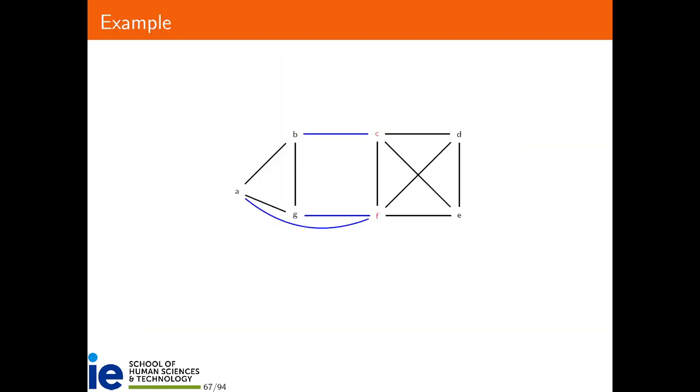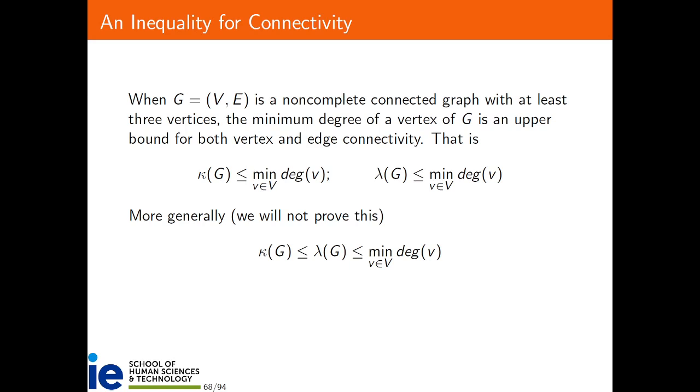So this actually gives us these two inequalities for lambda G, but also for kappa G, which tell us that the vertex connectivity and the edge connectivity have to be smaller or equal to the smallest degree in the graph.